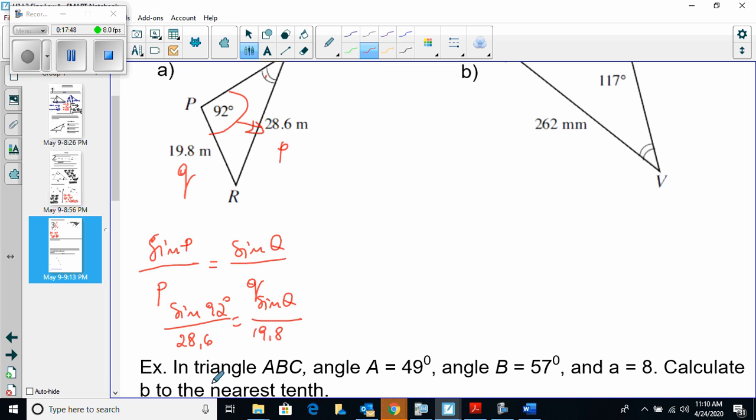What we will do in this case is solve for sine Q. So sine Q will be equal to 19.8 times sine 92 degrees over 28.6.